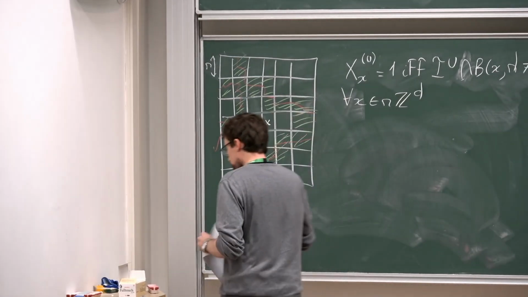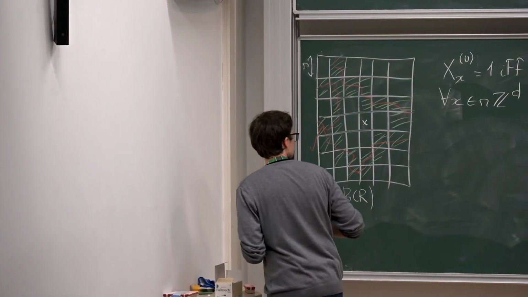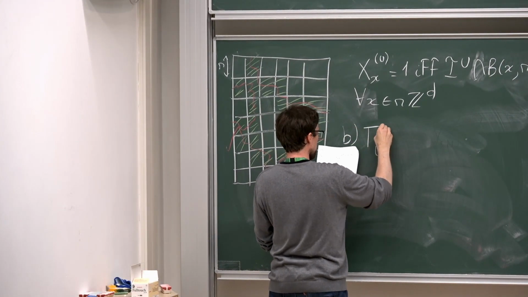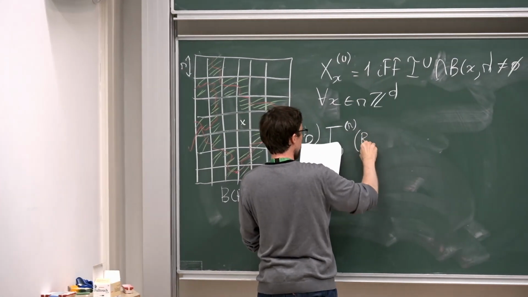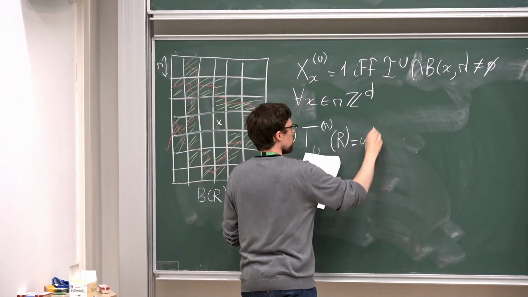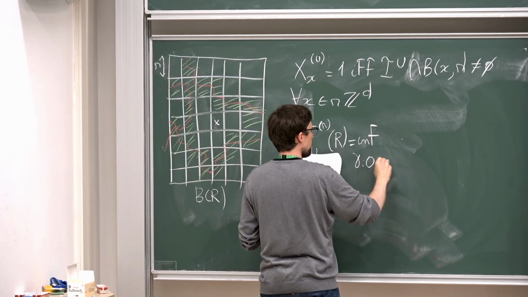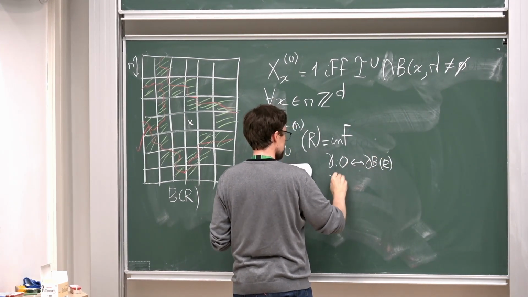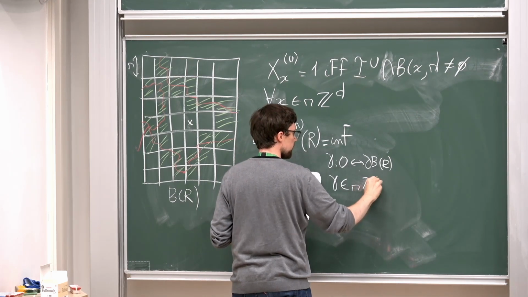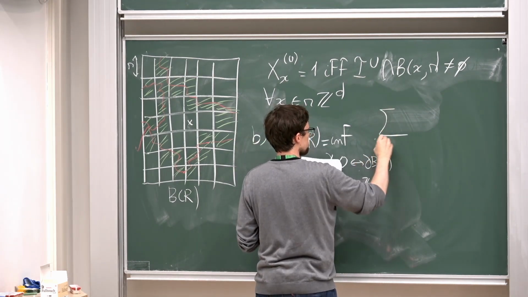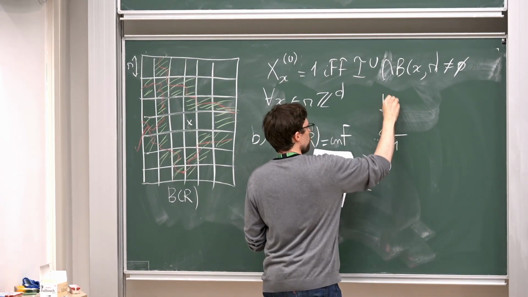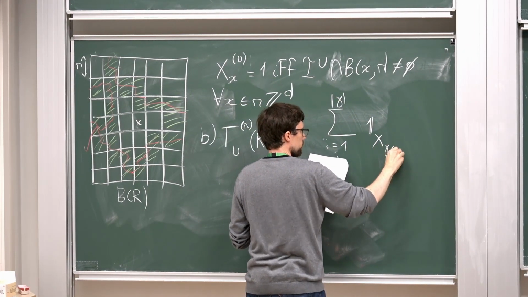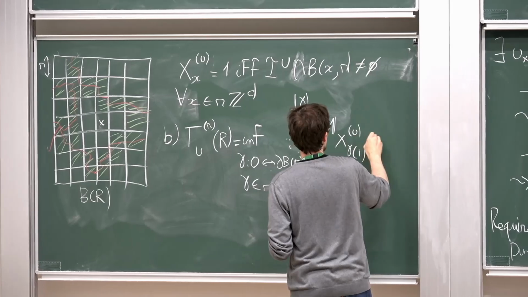Okay, and so you can define also problem B. So problem B for this is you have some renormalized by r FPP distance. So you take paths from 0 to R, but now your paths are on the renormalized lattice rZ^d, and you sum your indicator function that x_u at gamma is equal to 1.